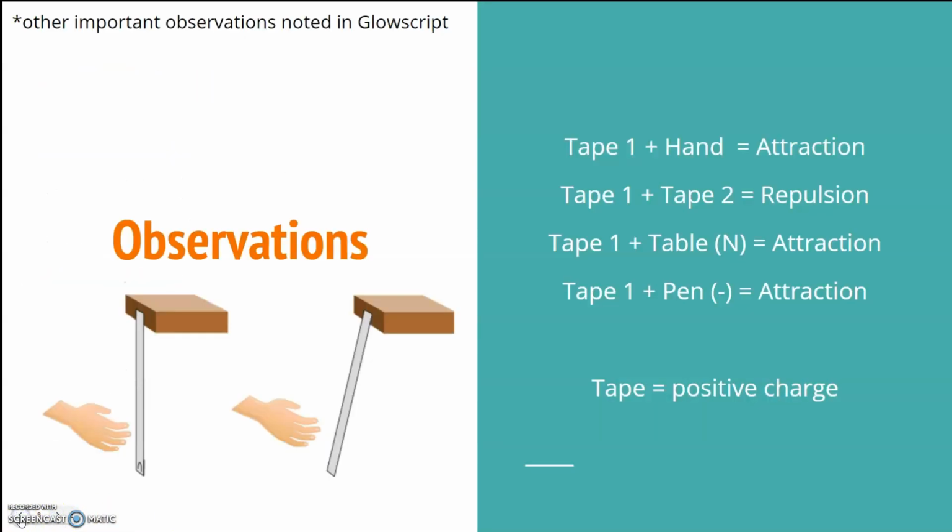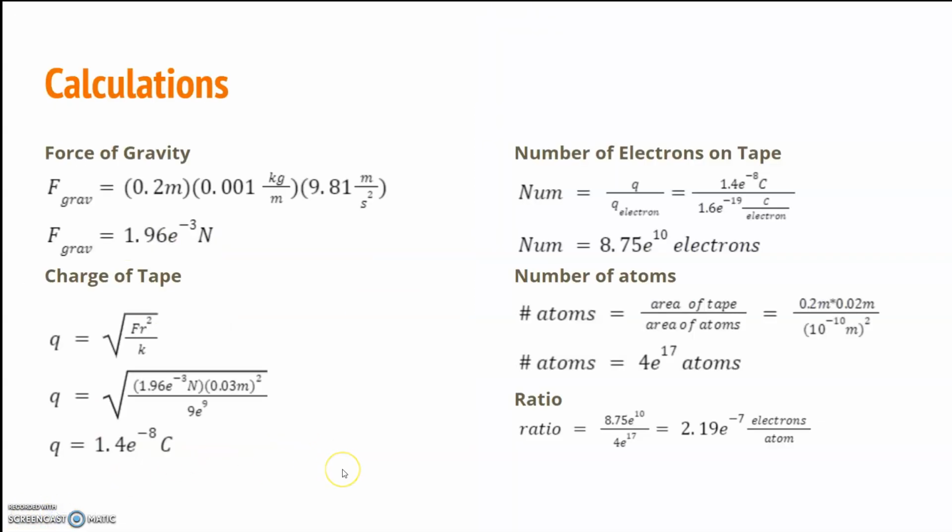And as noted, a lot of the other important observations made are noted in GlowScript code. So here are some of the calculations. First, we have the force of gravity, which, given some of the specifications of our tape from the procedure, I was able to calculate as 1.96 times 10 to the negative 3 newtons. The charge of the tape, which was the overall result, is calculated with the equation derived from the electric field and Coulomb's law equation.